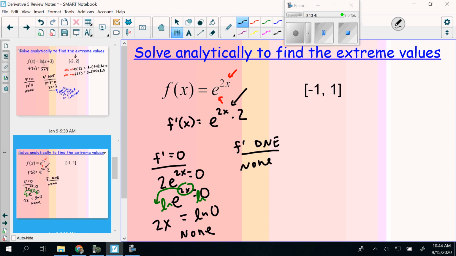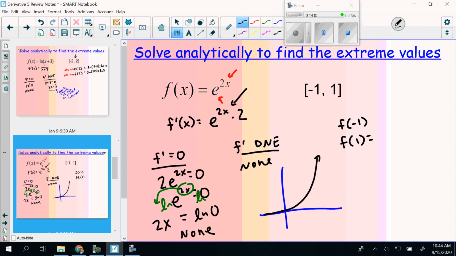And so this one, like our last one, all you have to do then would be to check the endpoints, because this graph exists everywhere. If you remember, the reason we're not getting anything, if you graph an exponential, they all have this kind of shape to them. So does this one ever have a local max or min?